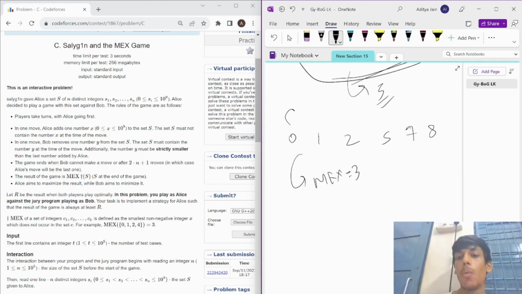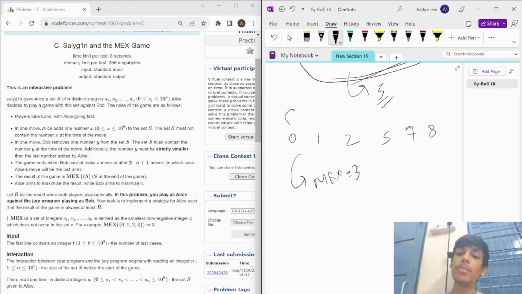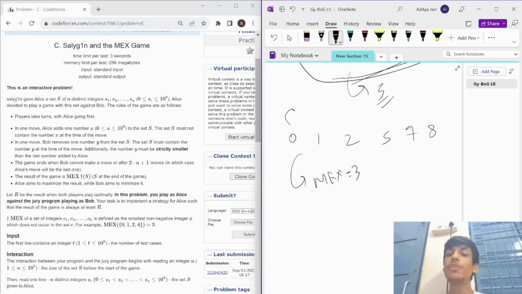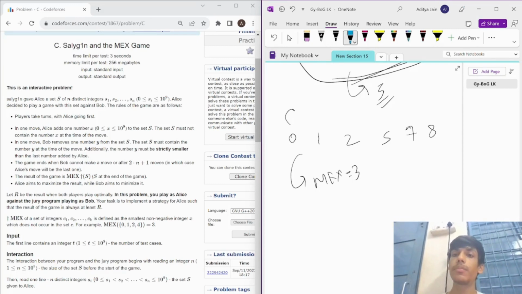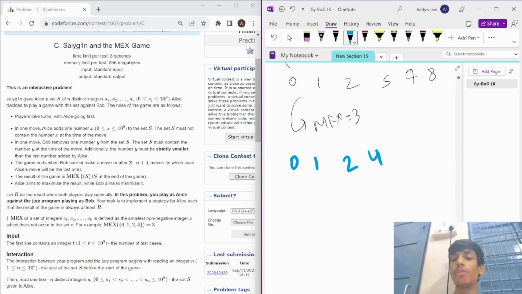Now, what is the purpose of Alice? The purpose of Alice is to maximize the max of this array. So suppose Alice has to add a number in this array. What if Alice adds 4 in this array? The new array becomes 0, 1, 2, 4, 5, 7 and 8.